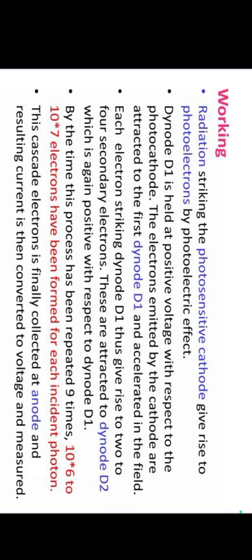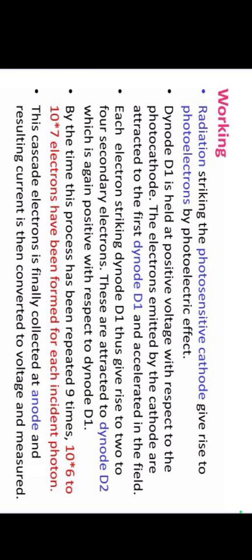I will tell about the working of the photomultiplier tube once again. The radiation striking the photosensitive cathode gives rise to photoelectrons by the photoelectric effect. Dynode D1 is held at positive voltage with respect to the photocathode. The electrons emitted by the cathode are attracted to the first dynode D1 and accelerated in the field.